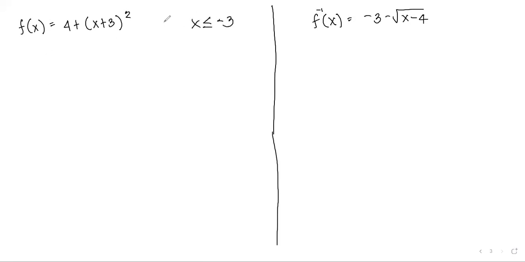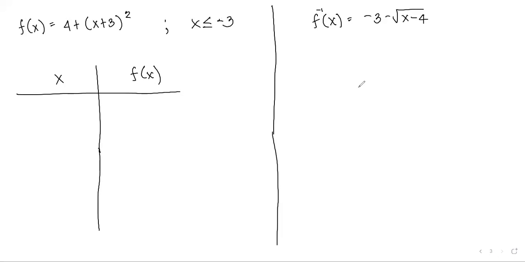So, start tayo sa dito. Ano ba pwede? Ito, -3. X tapos f of x. Tignan niyo yung relationship niya sa f inverse of x. X tapos f inverse of x.